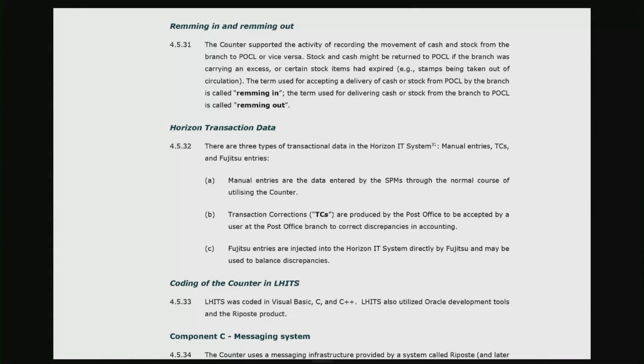You describe in your report that there are three types of transactional data in the system: manual entries, transaction corrections, and Fujitsu entries. Can you explain each of them, please? Certainly. Manual entries would be the transactions that occur as the user is operating the Horizon counter. So as they're conducting the business of stamps and other services available through Horizon, that is considered manual transactions.